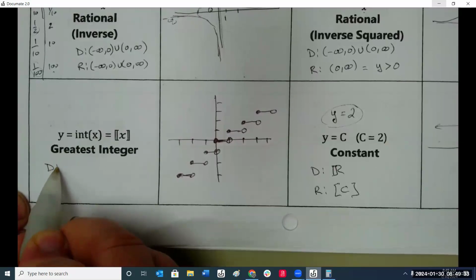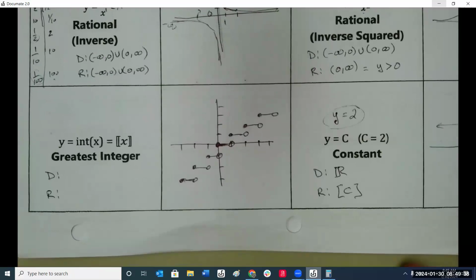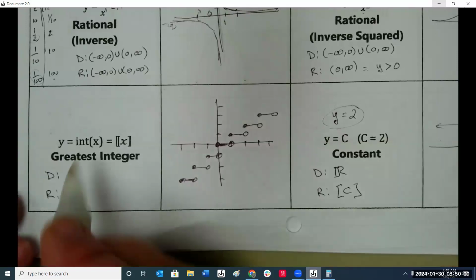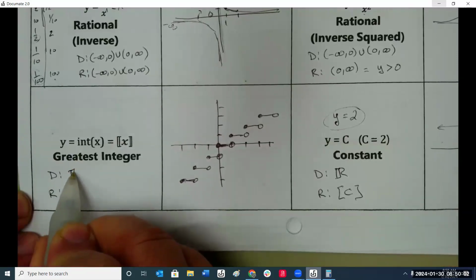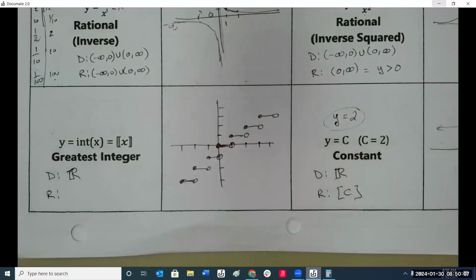So what's the domain? And what's the range? For the domain, it's all real numbers, because when it goes, it always keeps on going.